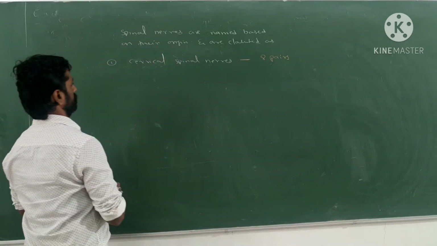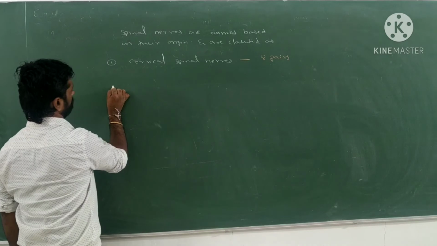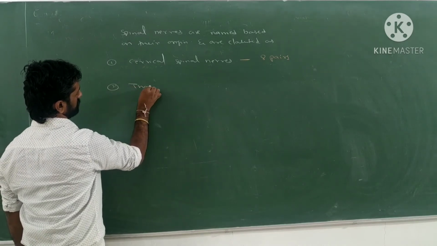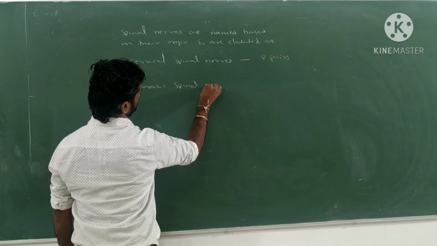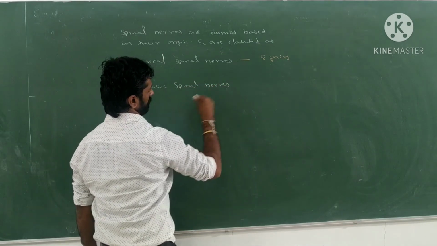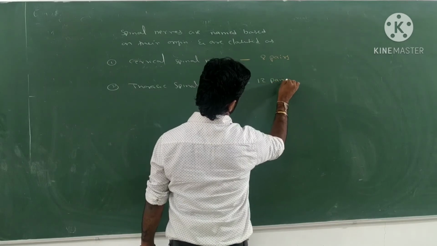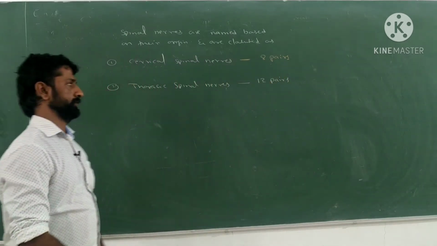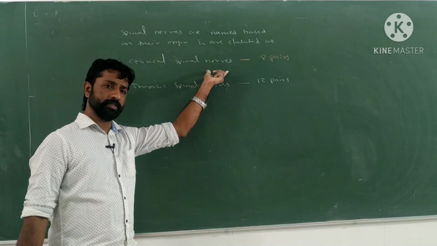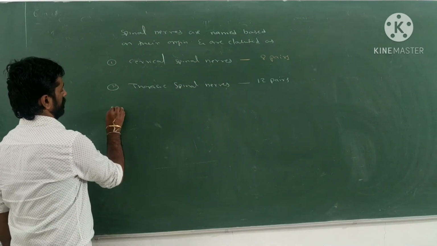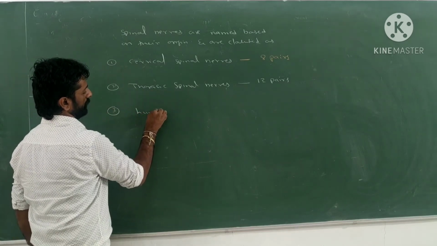So what about the next region? What is that? Thoracic region. Second one is thoracic. So thoracic spinal nerves are 12 pairs only. So one extra pair of spinal nerves is arising from the cervical region. Next, the third section after the thoracic region is lumbar, right?